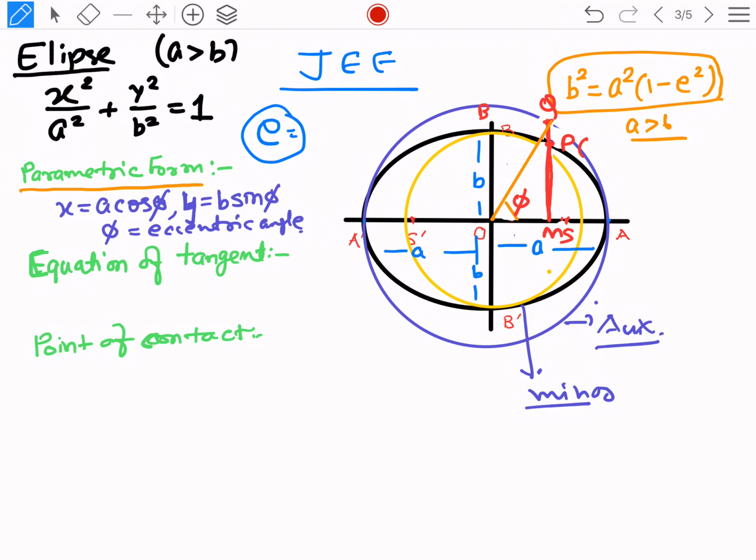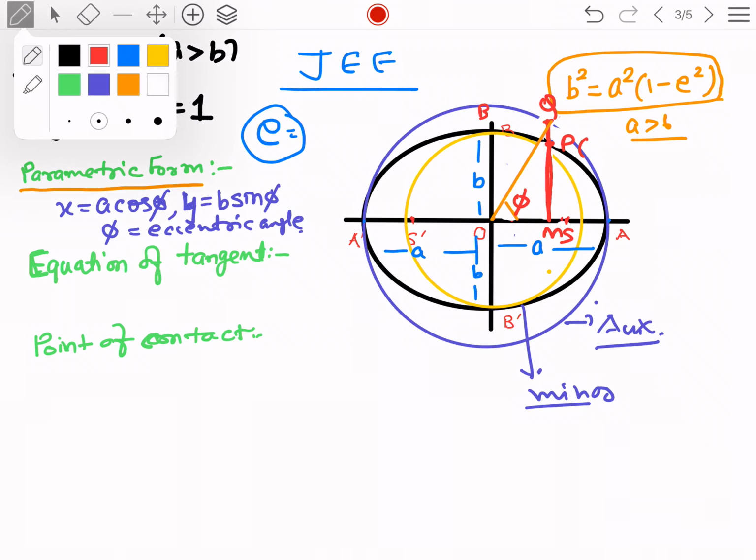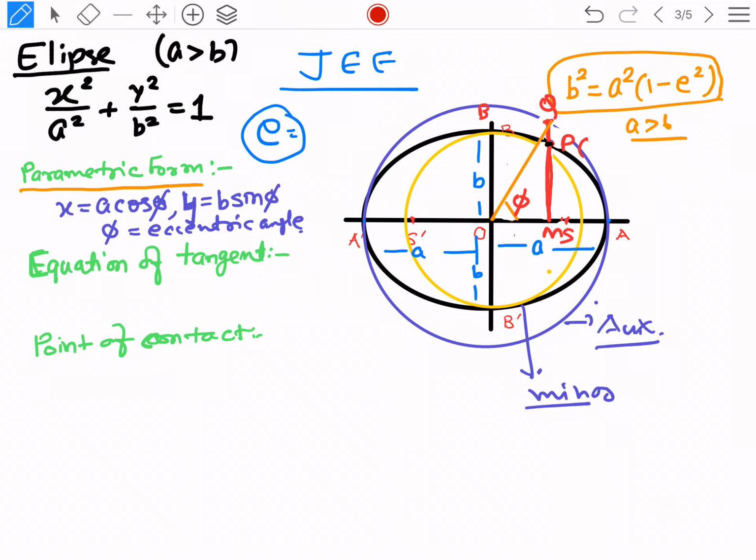Then this phi is called the eccentric angle, and the coordinate of point P will be represented by a, actually it will be OM, and this OM is definitely a cos phi.